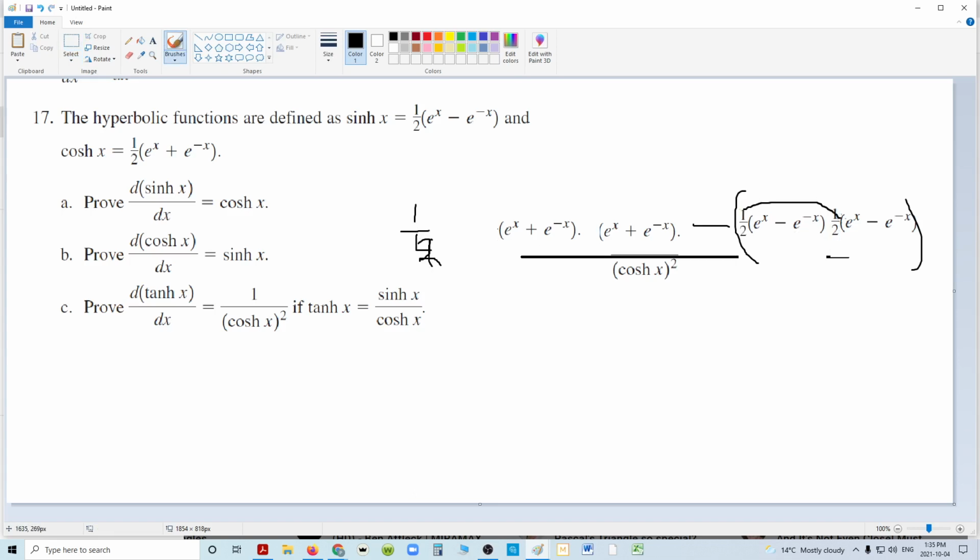Because the half here is a quarter. So that whole thing is going to become a quarter, and the front of this one is also going to become a quarter. So I'm going to take a quarter out. And that allows me to get rid of all those little halves.